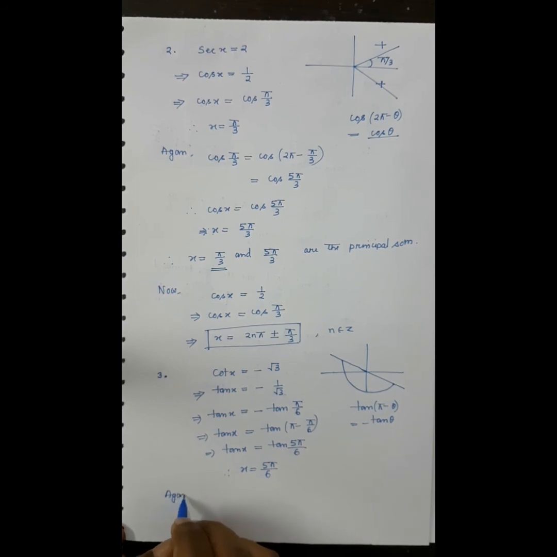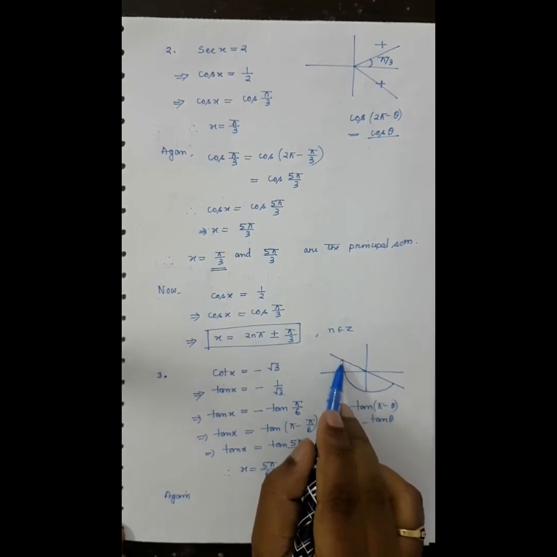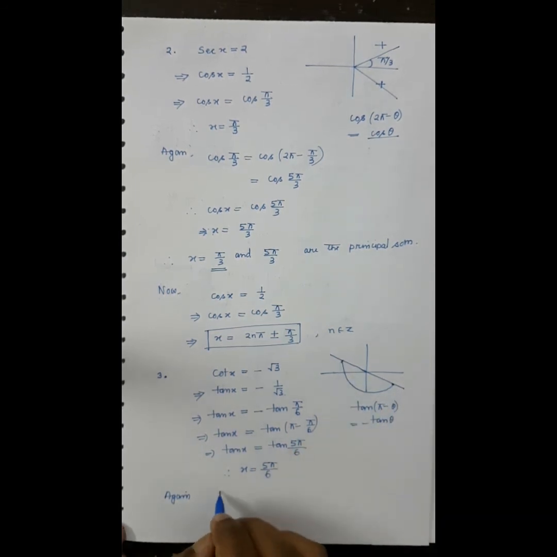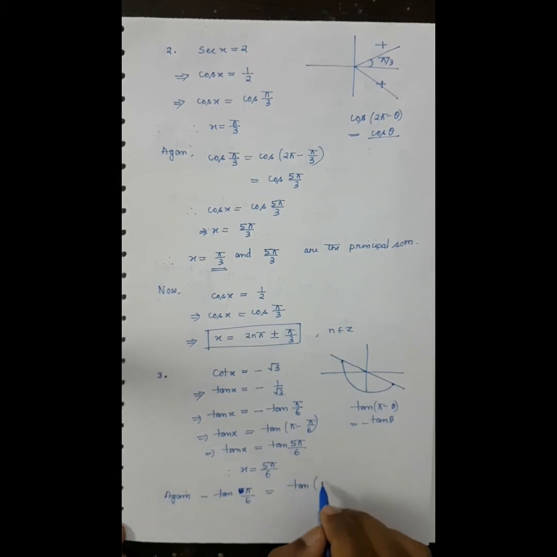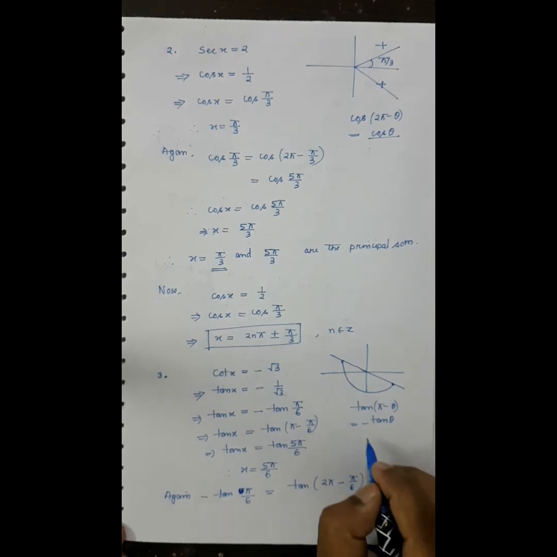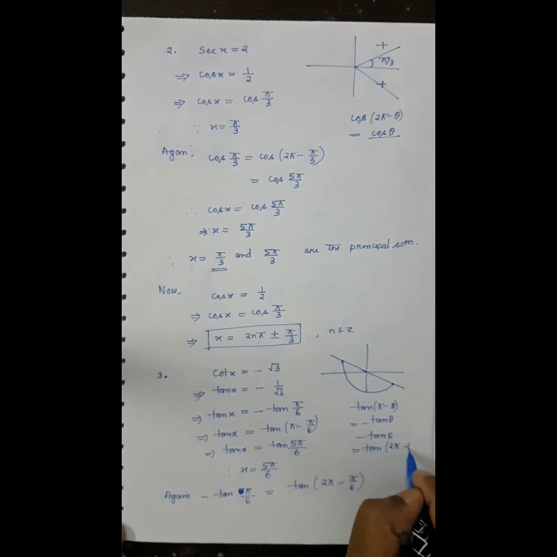Again, now you need to take the angle in the fourth quadrant. So you can write tan 5 pi by 6, we can say minus tan pi by 6, is equal to tan of twice pi minus theta. You can write this again: minus tan theta is equivalent to tan of 2 pi minus theta.